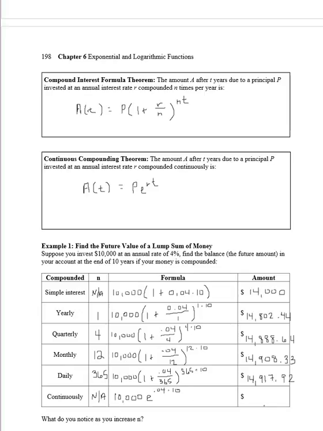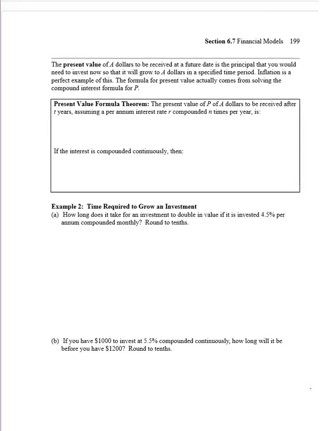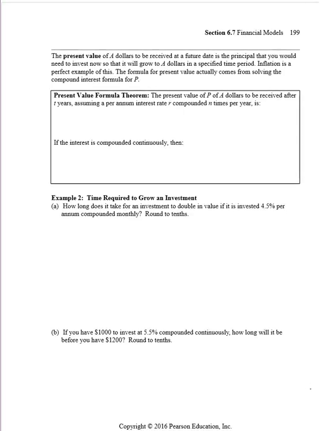And continuously compounded after 10 years, our $10,000 is worth $14,918.25. So that's all just a matter of plugging things in the calculator. So moving on to the next page. And the last page.